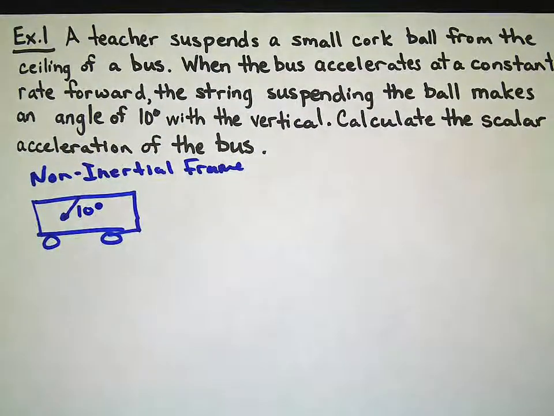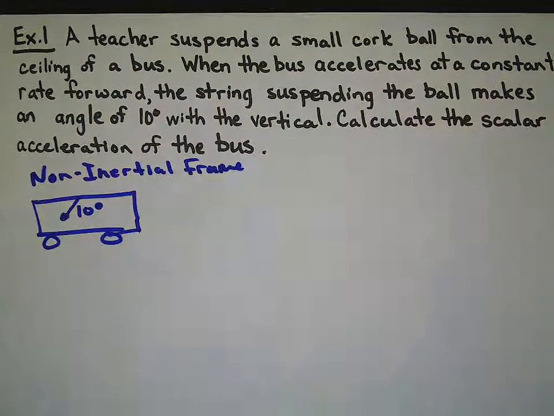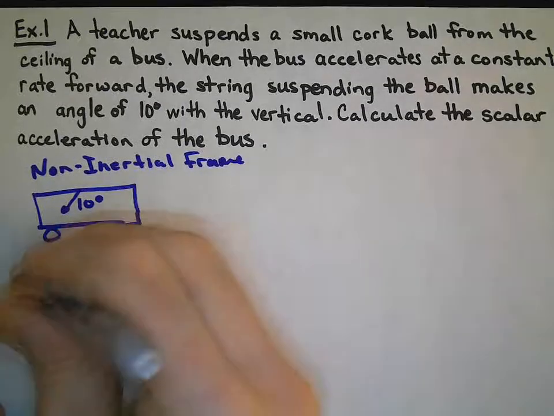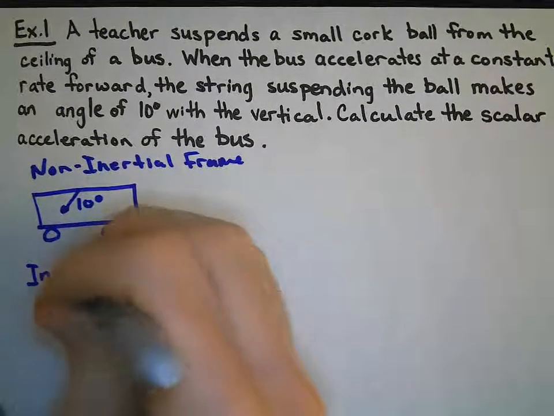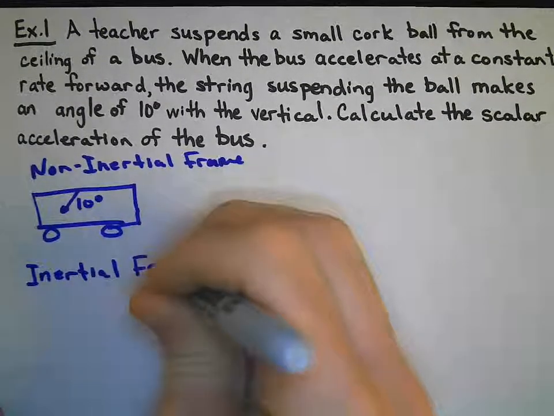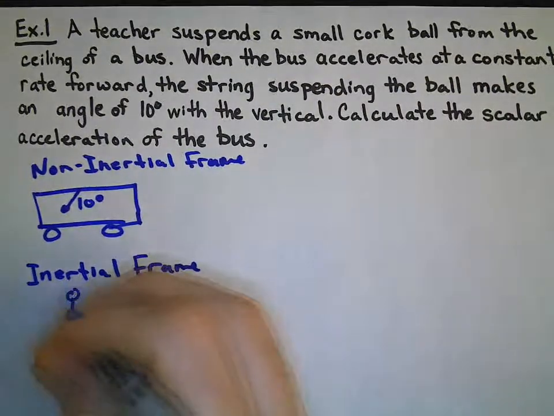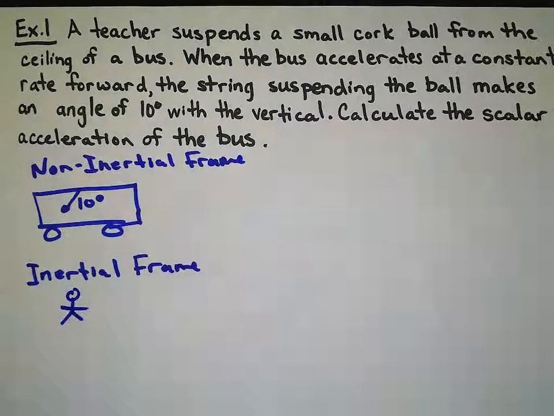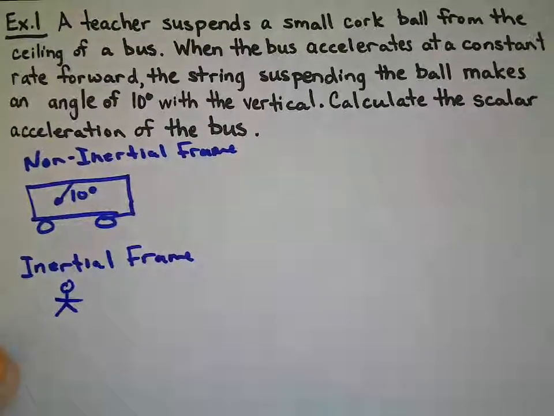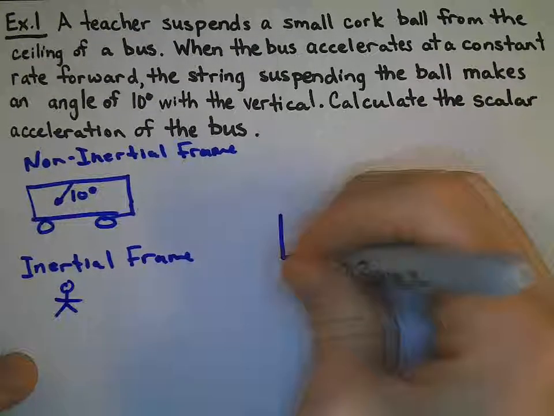We can observe this actual motion from an inertial frame to explain this movement. And in this inertial frame, we could be observing this motion from outside of the bus. And that would give us a way to create a free body diagram for this type of problem.